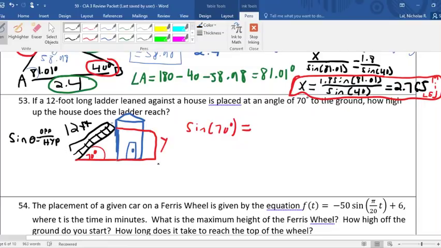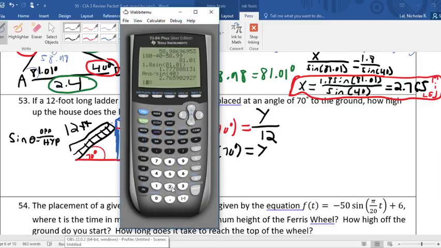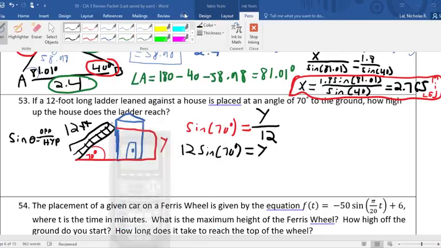So the sine of 70 is equal to y over 12. So 12 times the sine of 70 degrees is going to be equal to 11.27. So y is going to be equal to 11.27.